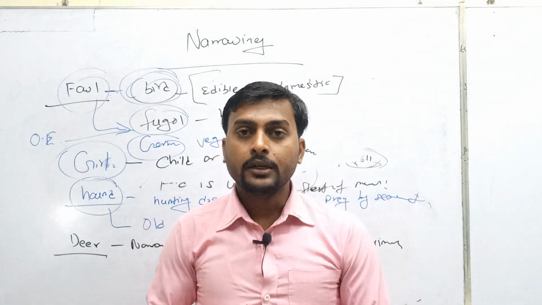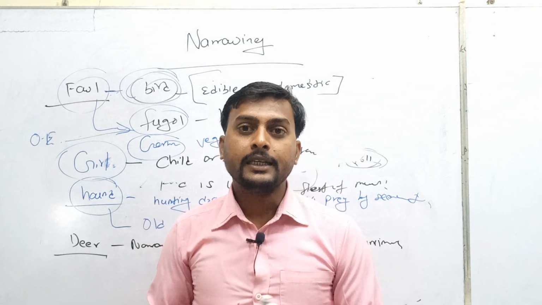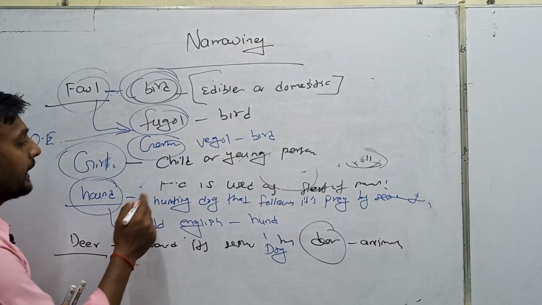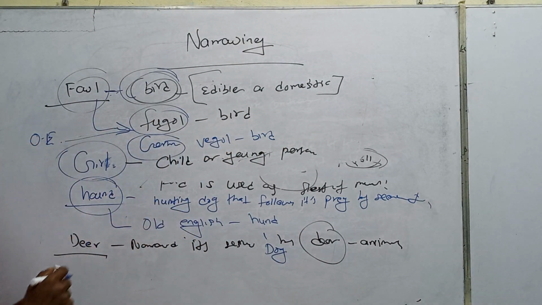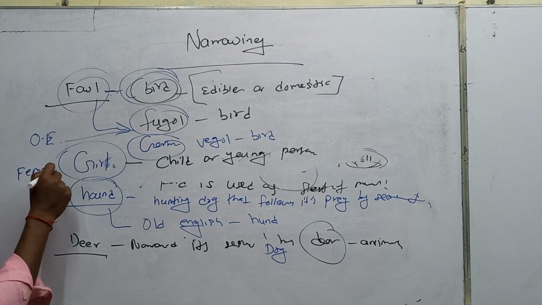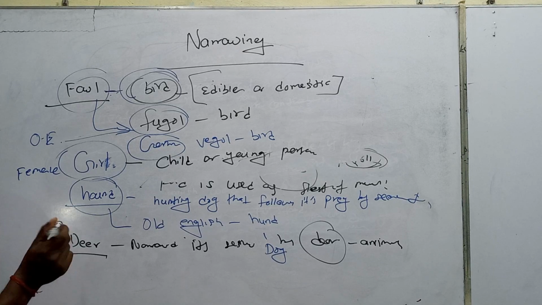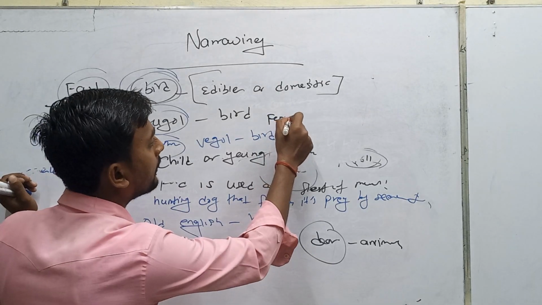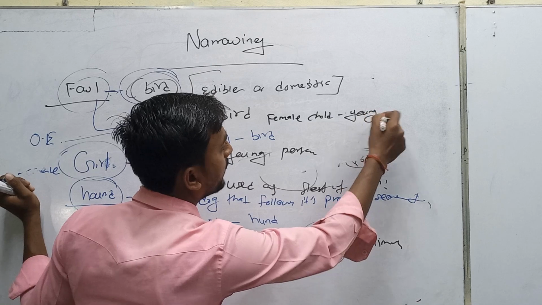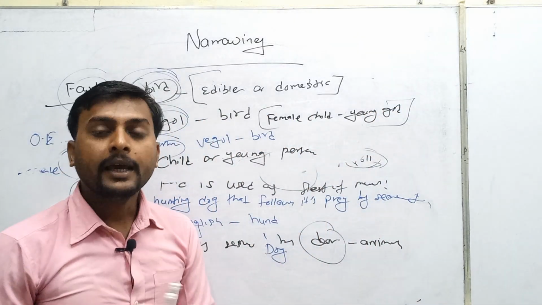For girls aged 17, 18, 19, 20, we had another term, female child, which means young girl.